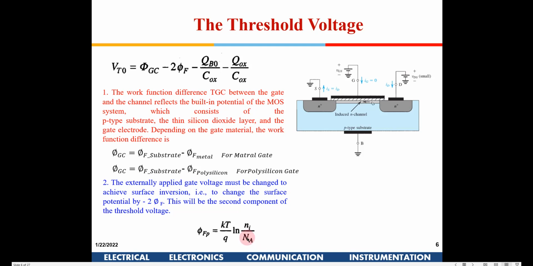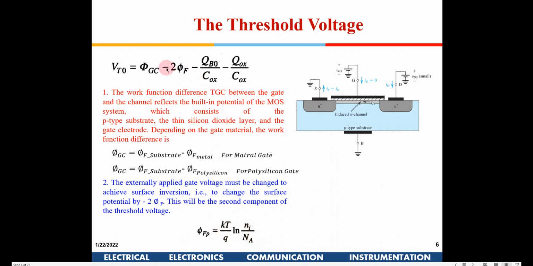Na is the concentration of the P type dopant. Now this is in the denominator, and Ni at room temperature is of the order of 10 to the power of 10 per centimeter cube, whereas here we have 10 to the power of 15. So this whole thing comes out negative.